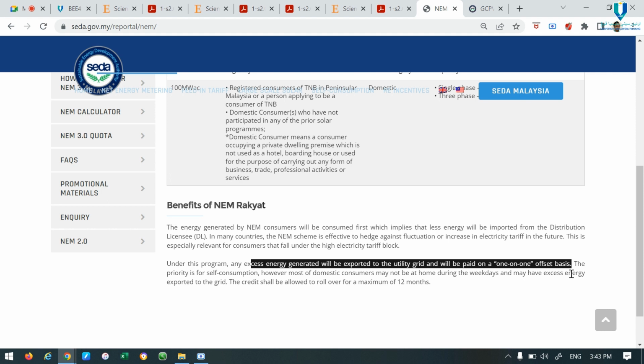Now it has become relevant, and that's why you can see a lot of domestic, I mean residential, people also installing it. For example, there is one staff member who asked me to check whether the NEM is good or not. I can't disclose the name, but I'll just give you the figure.